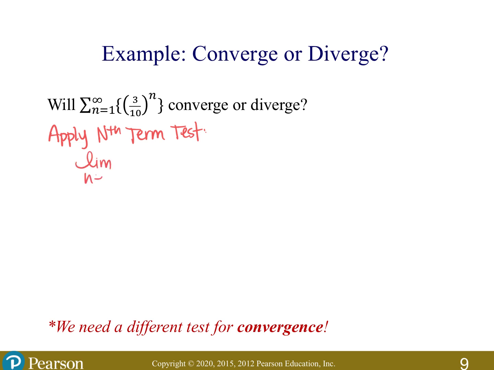So the limit as n approaches infinity of the fraction 3 over 10 to the n. That will be 3 to the infinity over 10 to the infinity. What's the result of that?